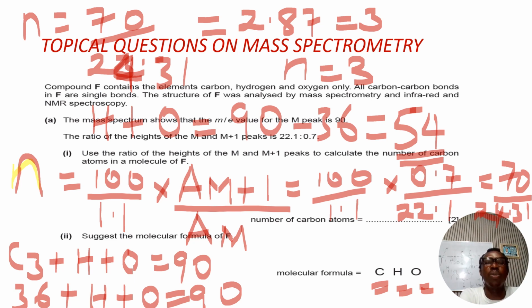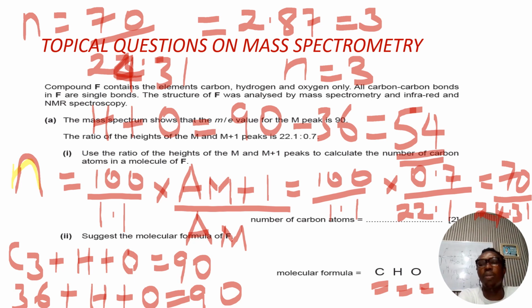The easiest way to do it is to assign the value to the atom that has the highest relative atomic mass, which is oxygen. Then what is left will be for hydrogen. So oxygen is 16. Let's say we are using 2 atoms of oxygen. 16 times 2 is 32. So 54 minus 32, we still have 22.